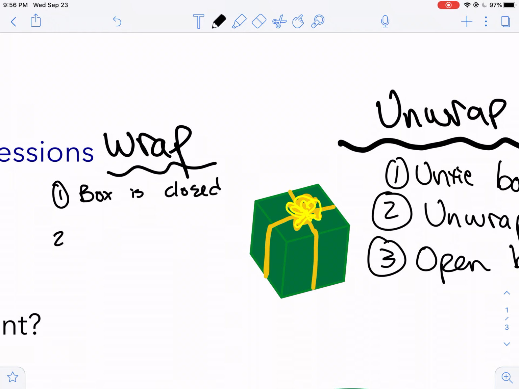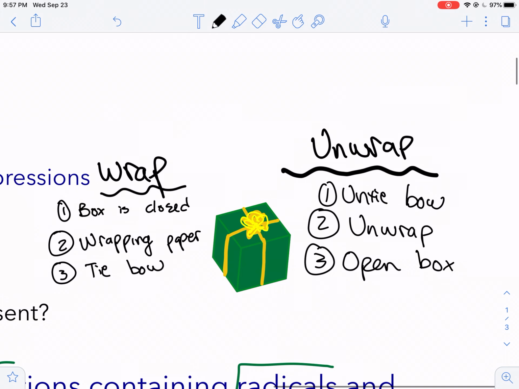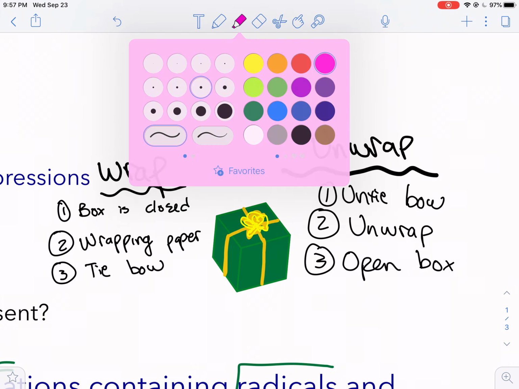And then after that, I put on the wrapping paper. And then finally, I tie a bow. Now you notice that in these orders, we have some undoing going on.